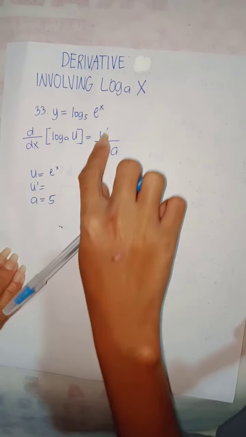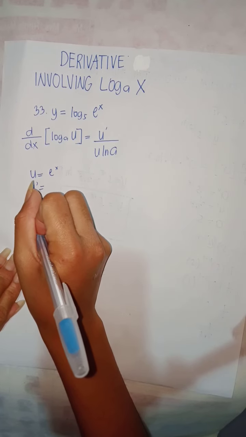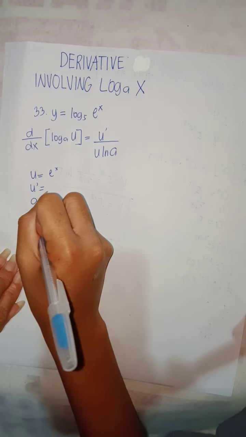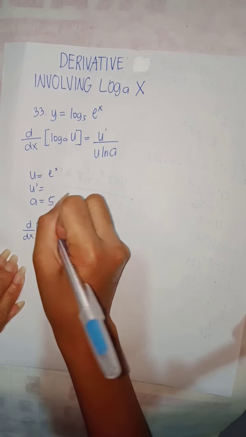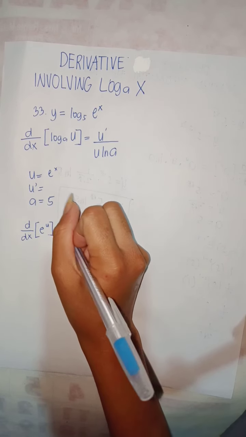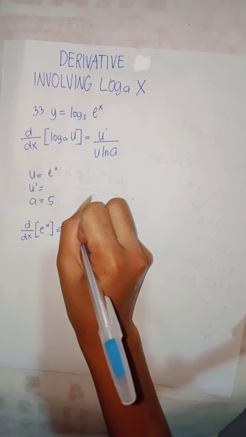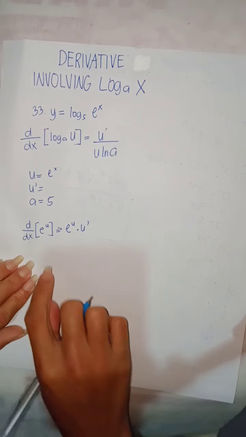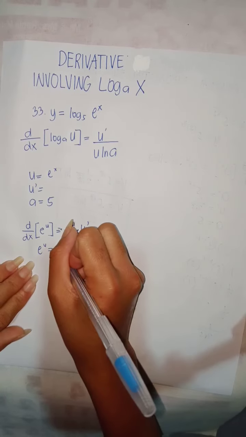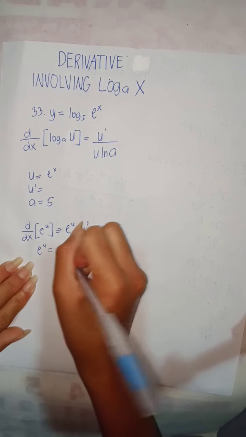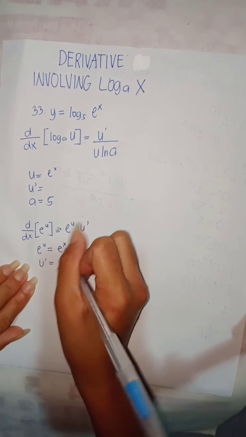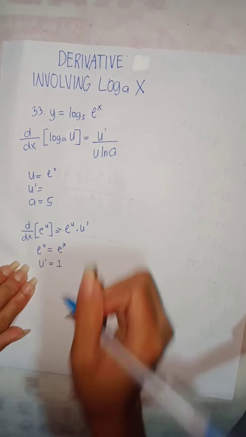So to find the derivative of e to the x, we're going to use d over dx e to the u, or the exponential function, equals e to the u times the u prime. Our e to the u is e to the power of x, and our u prime, the derivative of x, is 1.